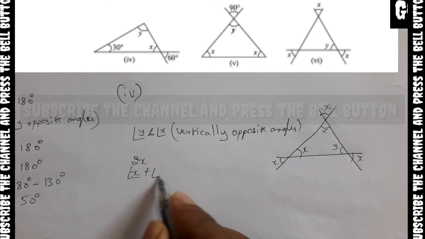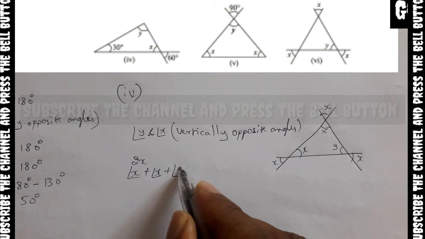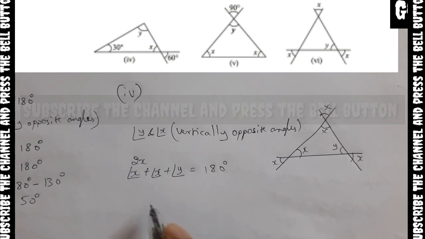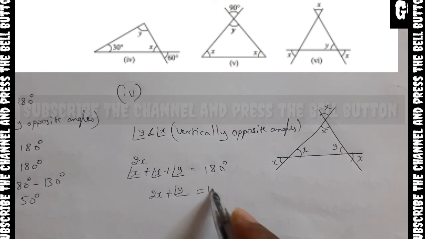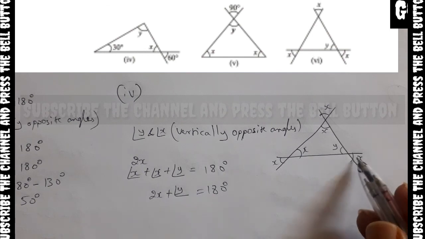Angle x plus angle x plus angle y is equal to 180 degrees. 2x plus angle y is equal to 180 degrees. Angle y means x.